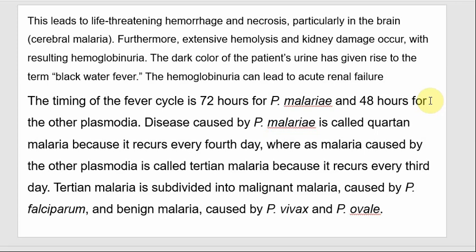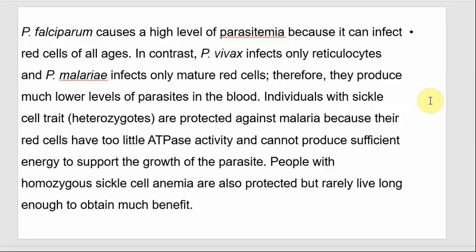Tertian malaria is subdivided into malignant malaria caused by Plasmodium falciparum and benign malaria caused by Plasmodium vivax and Plasmodium ovale. Plasmodium falciparum causes a high level of parasitemia because it can infect RBC of all ages.